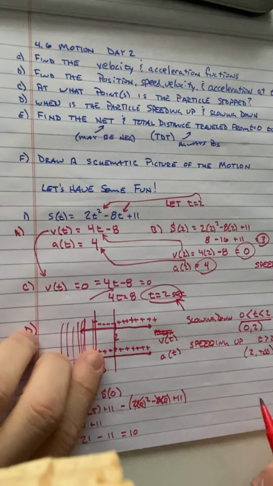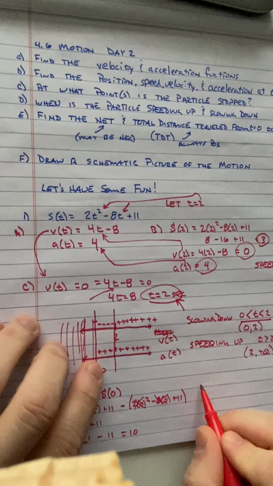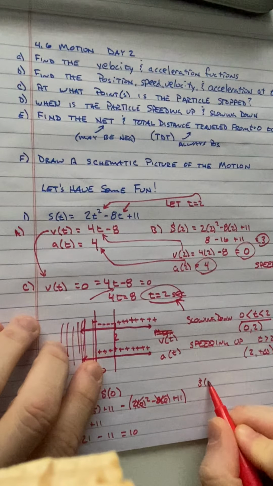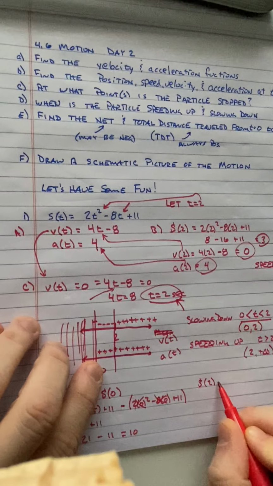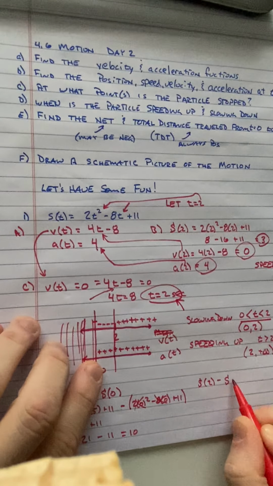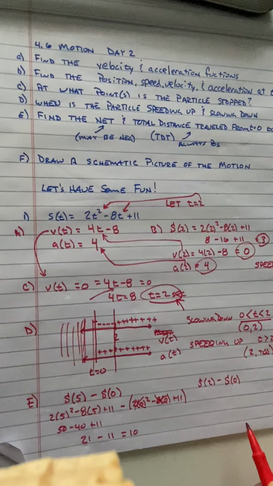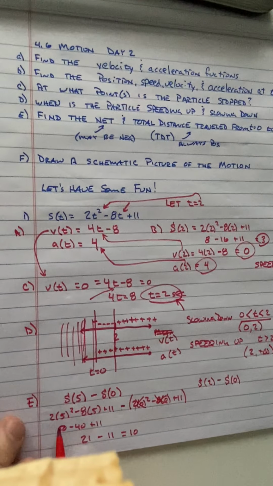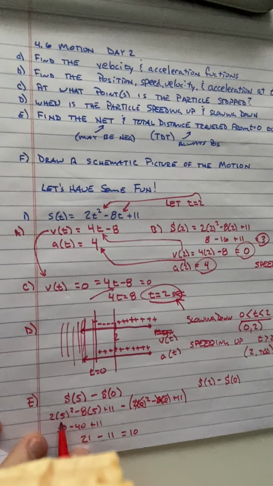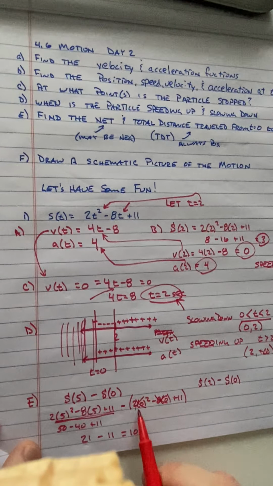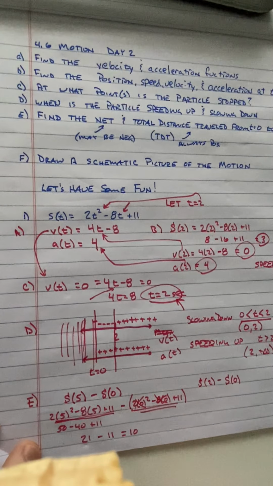Let's find the total distance traveled left over the span from t equals 0 to t equals 2. To do that, we just shove her in. Fortunately for us, as long as I did it right the first time, this should be the distance from 0 to 2.